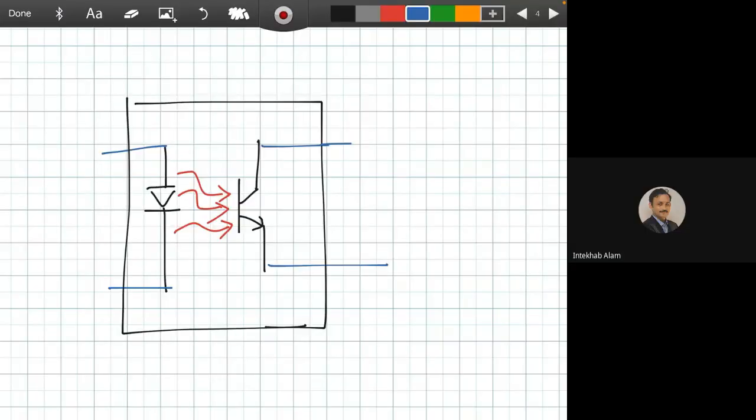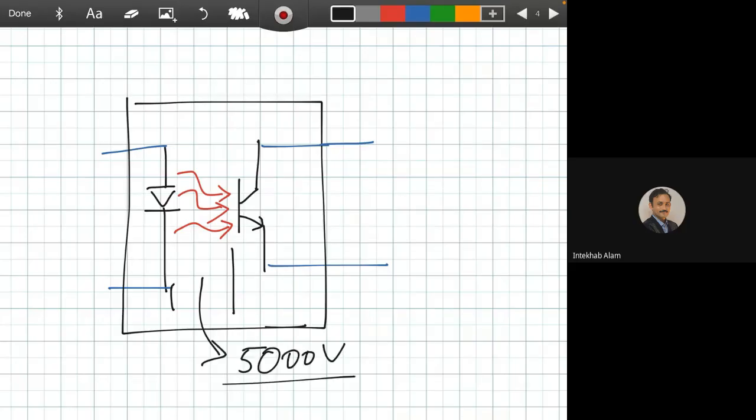And the voltage here is around 5000 volts. But don't panic, because it's not so high. You may think that 5000 volts is very high.